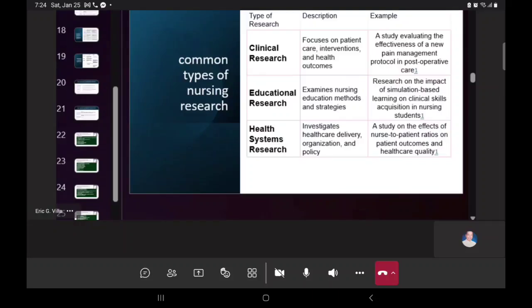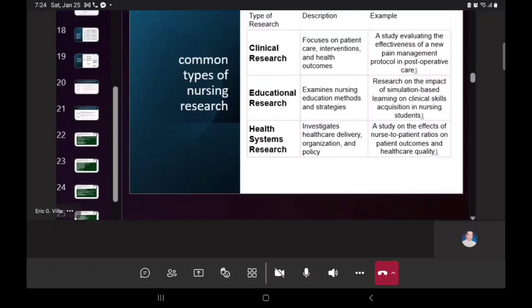Educational research in nursing examines the methods and strategies to prepare future nurses and enhance the skills of practicing nurses. This type of research is crucial for improving the quality of nursing education and ensuring that nurses are well prepared for the challenges of modern healthcare.